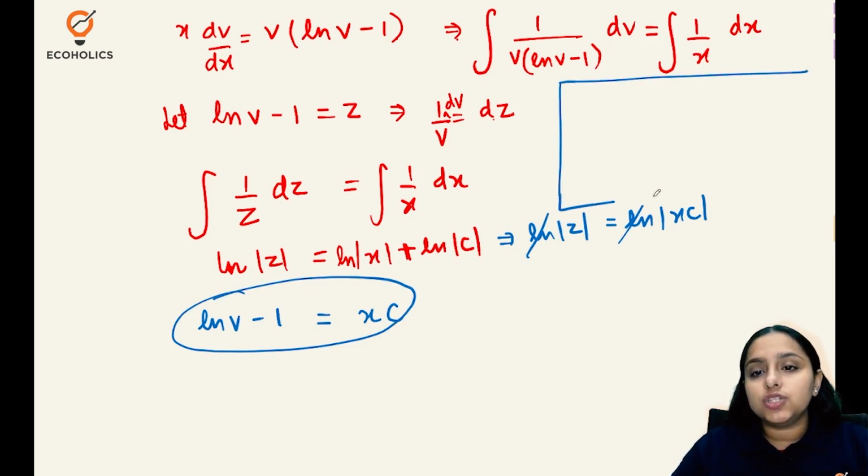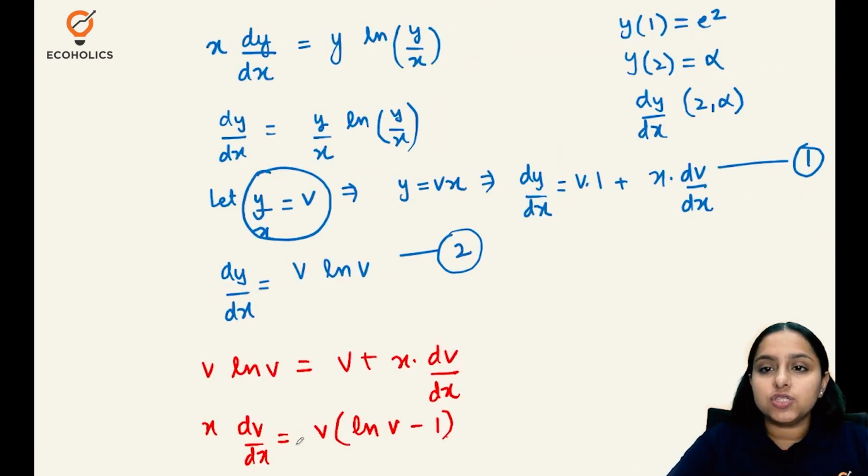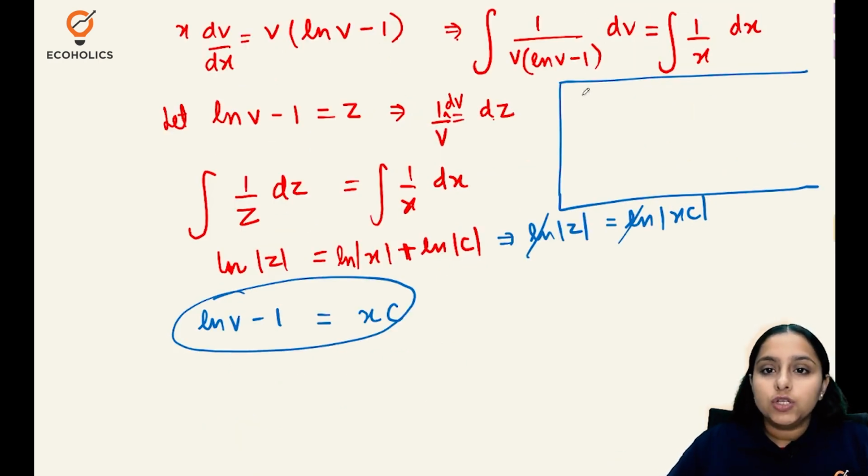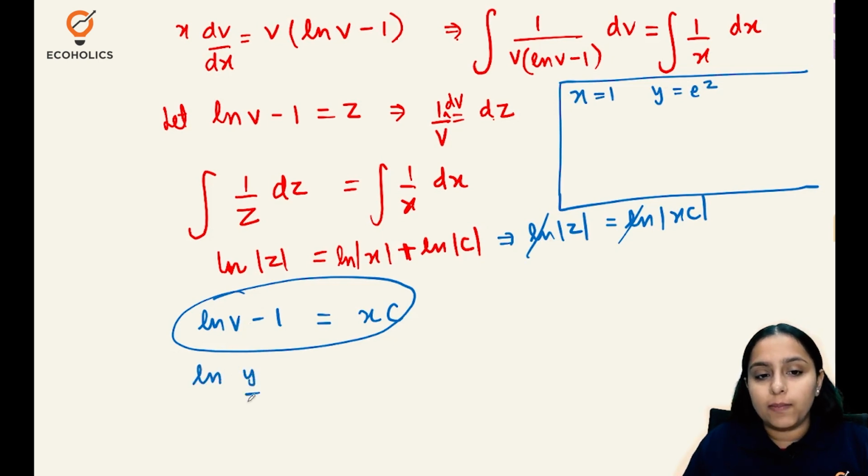So, what were the initial conditions? When we read this initial condition, it means the value of y when x is equal to 1 is equal to e². So x is 1 and y is equal to e². So, when x is 1, v you can also substitute. This is log y by x.